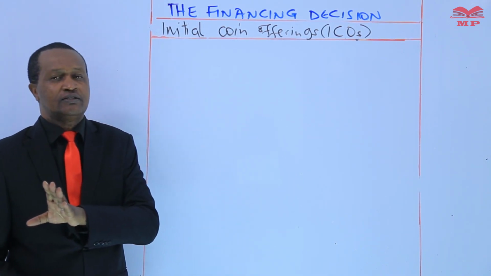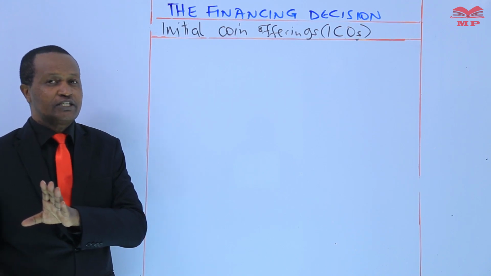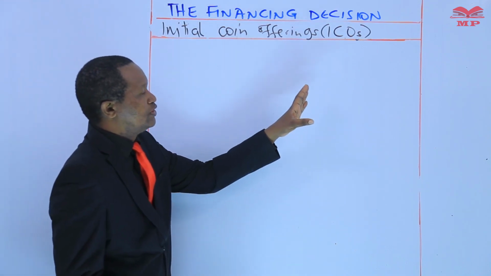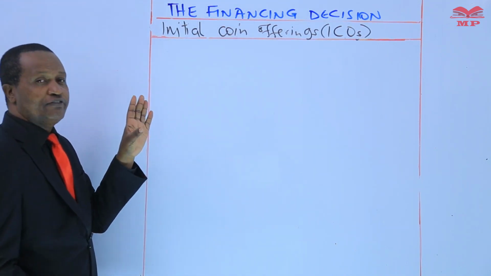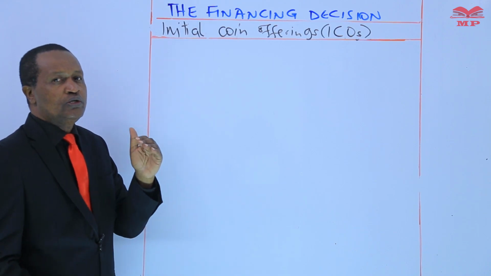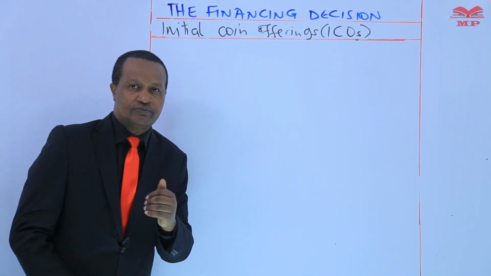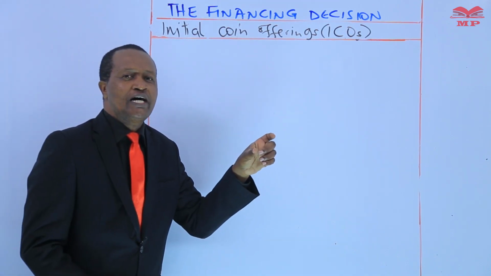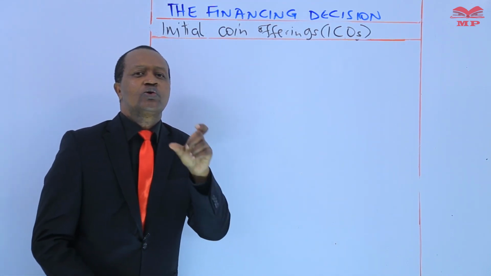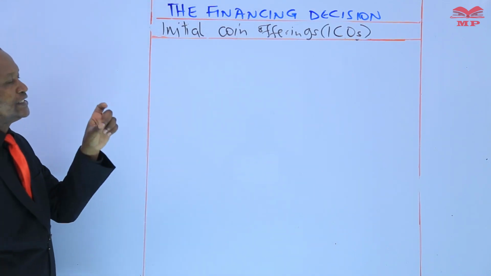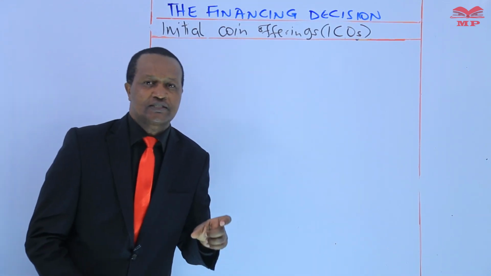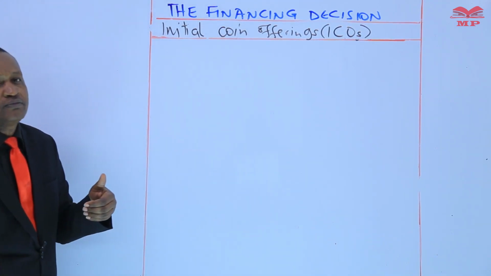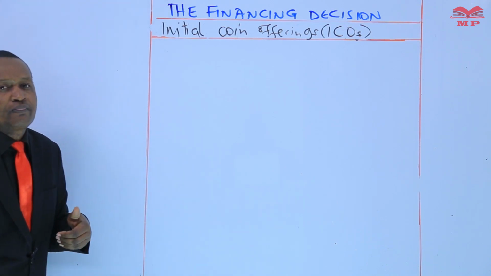Do you understand? Let me take it again. ICO refers to a fundraising method where companies issue and sell digital tokens to investors, and these tokens represent a stake in the company or in the project.